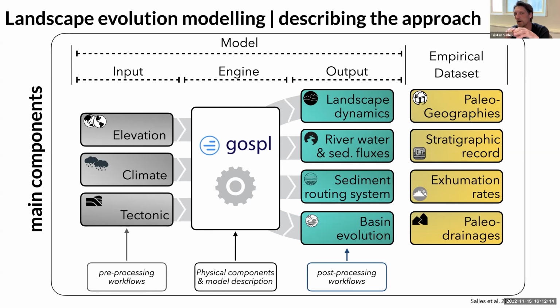At the output of this engine, you will have a set of different results that you can look at. So you can look at the evolution of the landscape, meaning how different catchments are going to change, where the drainage divide is going to move, how the size of your landscape is going to change, but also you've got output associated to river and sediment fluxes, and also we are able to reconstruct the basin evolution.